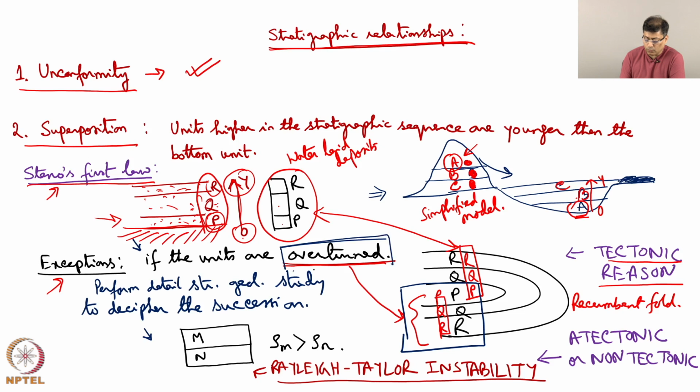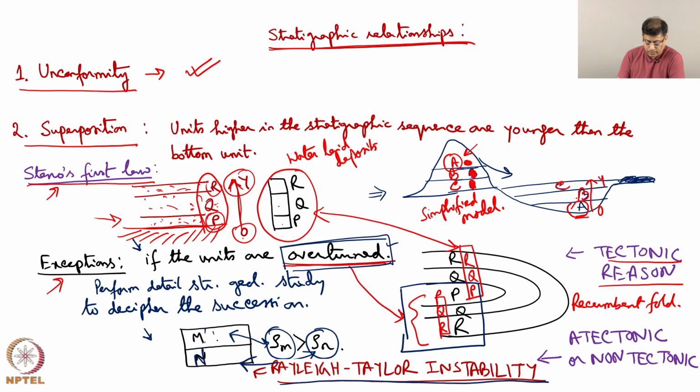We have covered the overturned case. We will now take another case of overturn through the Rayleigh-Taylor instability. What is that? Imagine layer N got deposited first and then layer M got deposited, but the density of layer M, rho M, is more than the density of layer N, rho N. What will happen in this case?